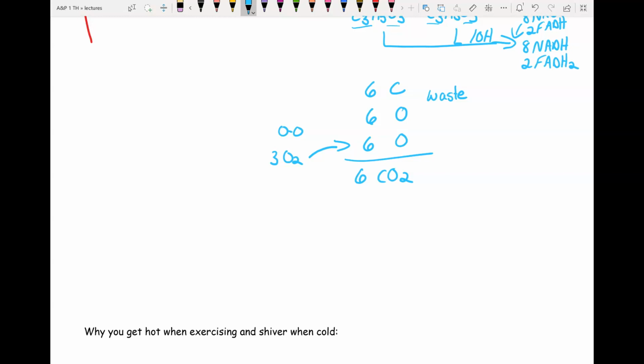So if you just take 3 times 2, that's 6. You get 6 oxygen atoms. This is basically saying you have 3 pairs of oxygen atoms. Well, if you have 3 pairs of oxygen atoms, you have 6 oxygen atoms. So we get 6 CO2. And this then is what you put in your blood.